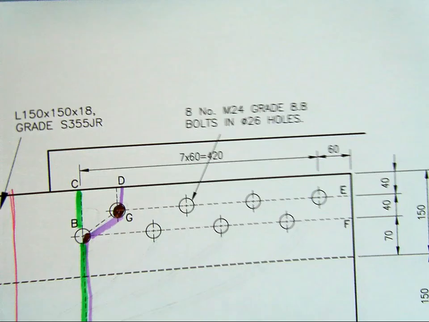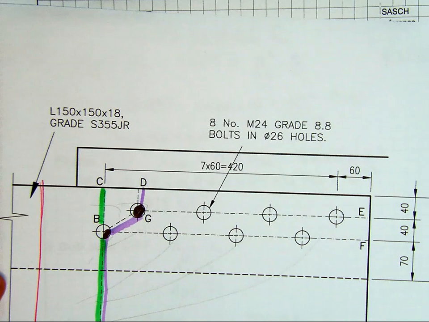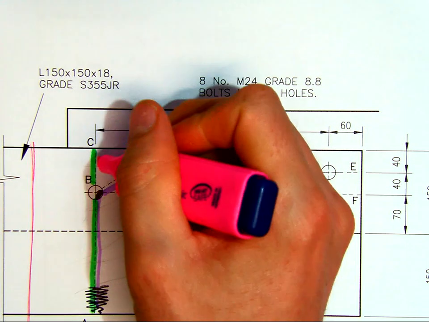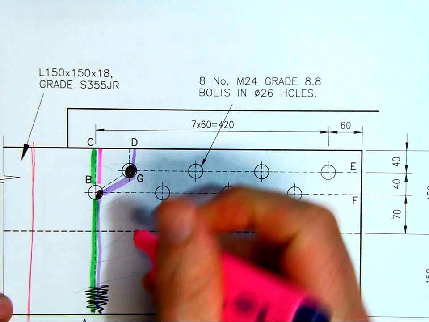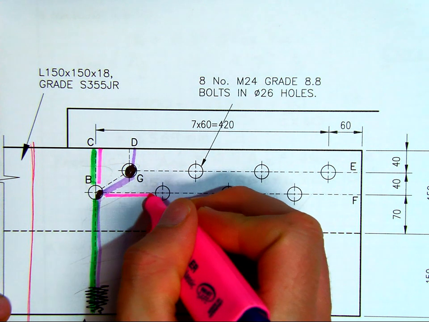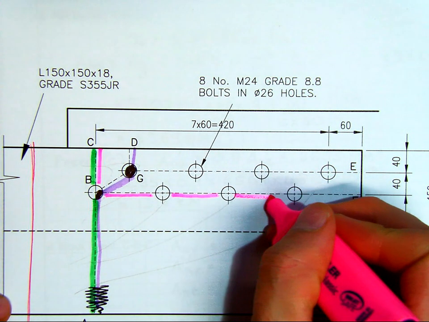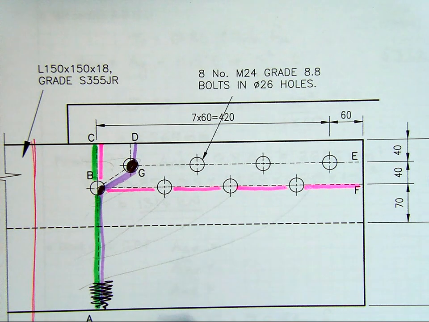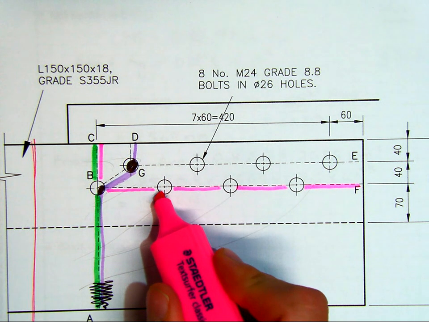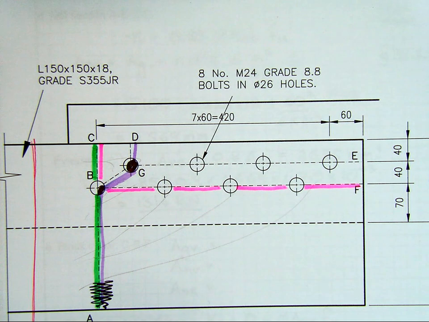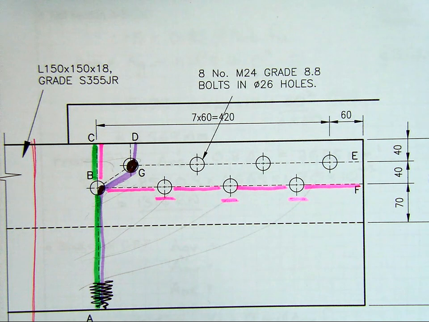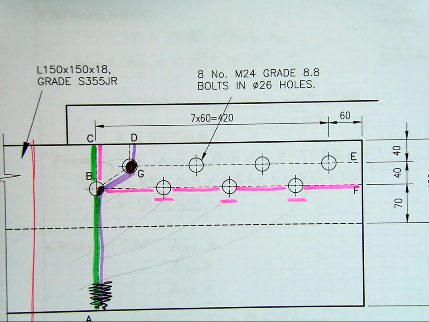So we now need section CBF. There's our section once again. We can now check it all the way down. So we're going to have section CBF, that's all the way here, and then all the way down the side. When we calculate, the gross area includes the bolt holes, and the net area excludes those bolt holes.